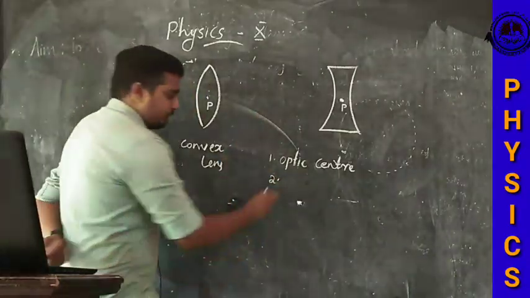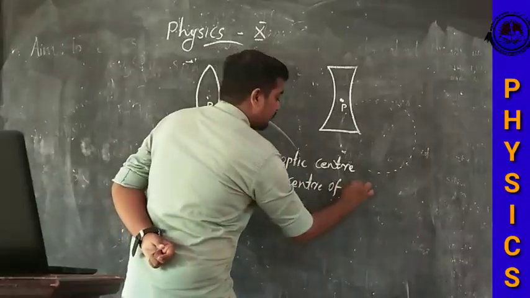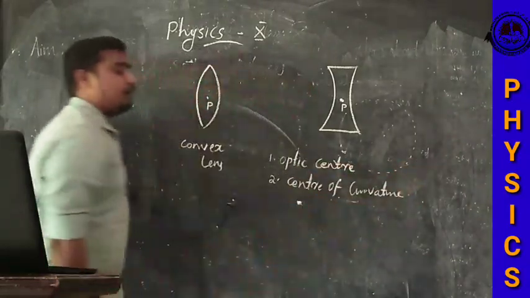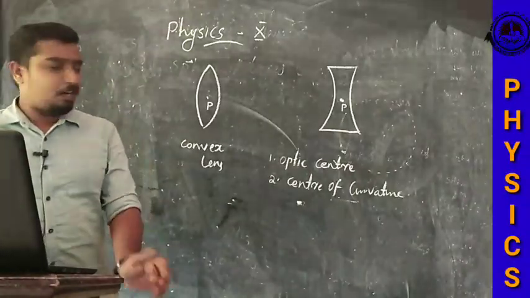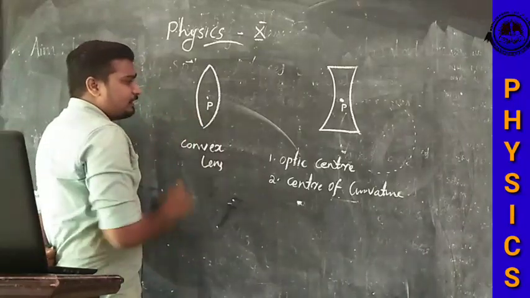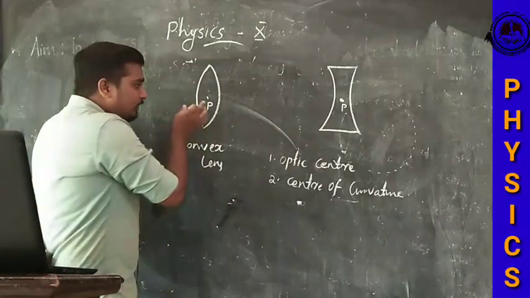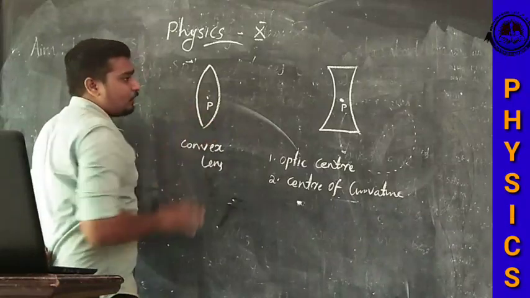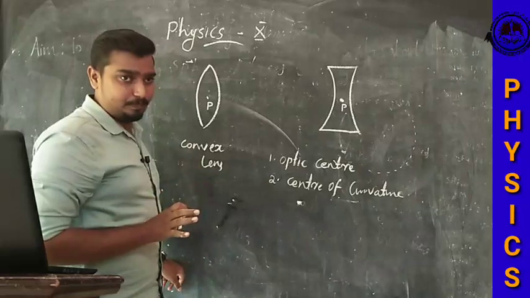Next one, center of curvature. Okay, listen here. Center of curvature means a lens consists of two imaginary spheres, or the spherical surface is a part of an imaginary sphere.